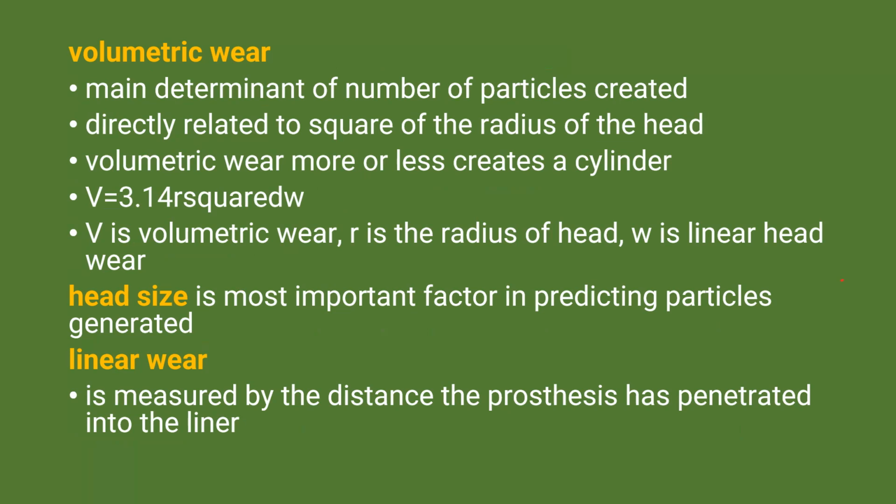Volumetric wear more or less creates a cylinder. Head size is the most important factor in predicting particles generated. Linear wear is measured by the distance the prosthesis has penetrated into the liner.